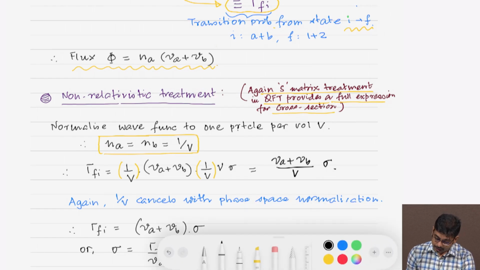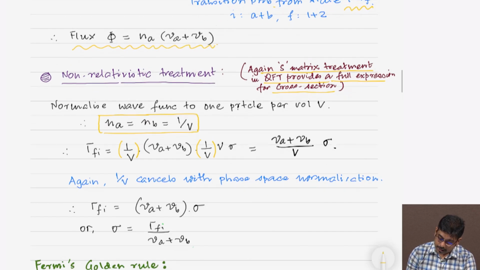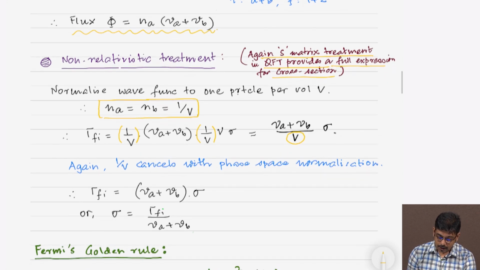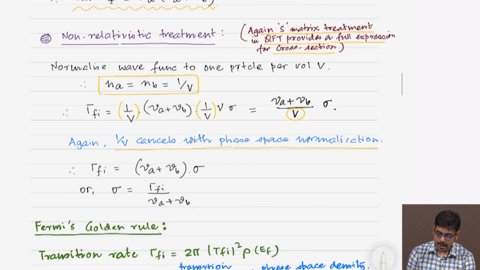So, one of these volumes in which we normalize is remaining, but nevertheless we do not worry, because we have time and again said that this 1 by V factor cancels with the phase space normalization, which is also something that one has to take into account. Therefore, we can completely forget about the V, and we can say that this gamma Fi can simply be written as (Va plus Vb) times sigma, and we remove all the unnecessary things from here.